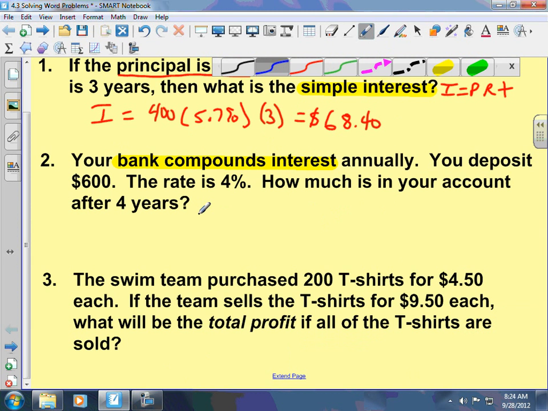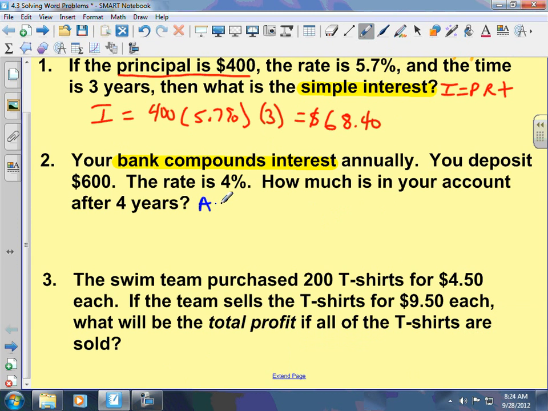The formula for compound interest is A equals P times 1 plus R over N, all raised to the N times T power. P is your principal. That's how much money you have in the bank. That's $600. R is your rate. That's your interest rate. That is 4%. Do not forget the percent.